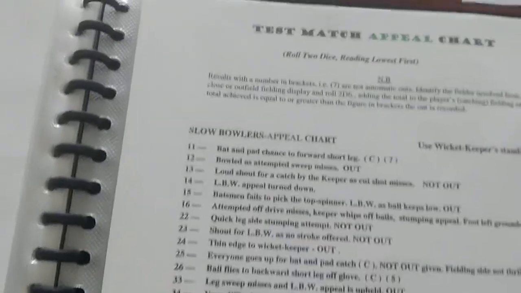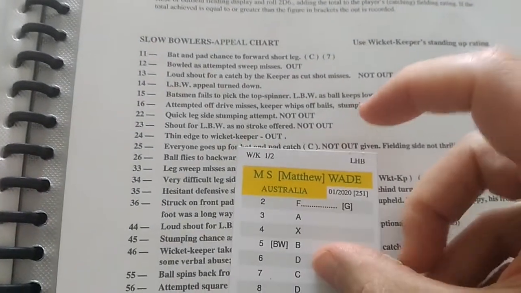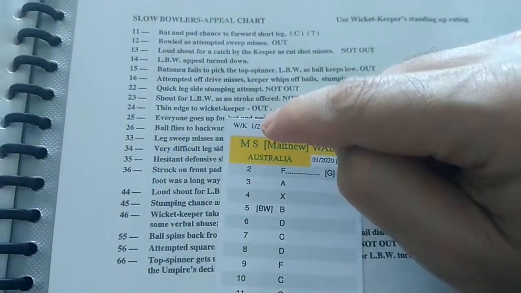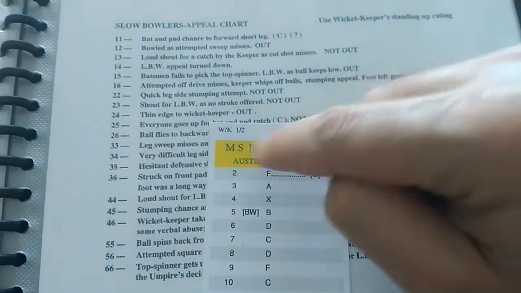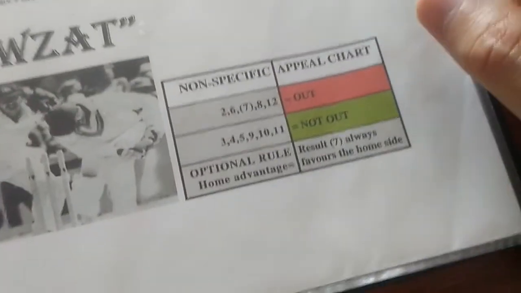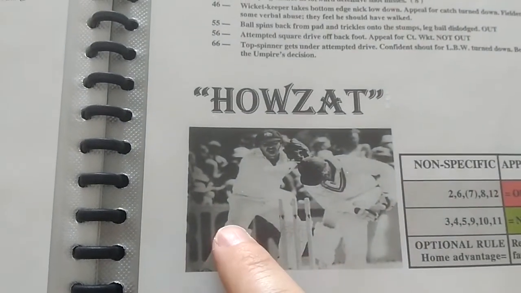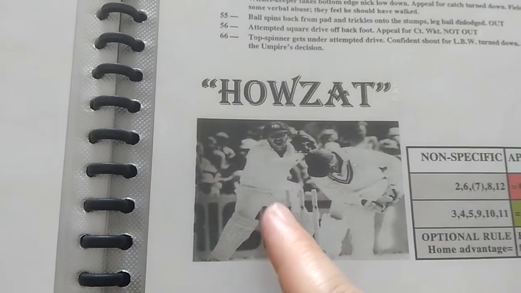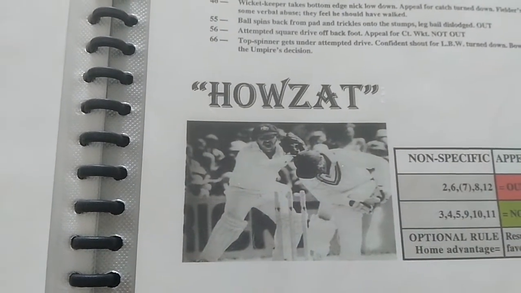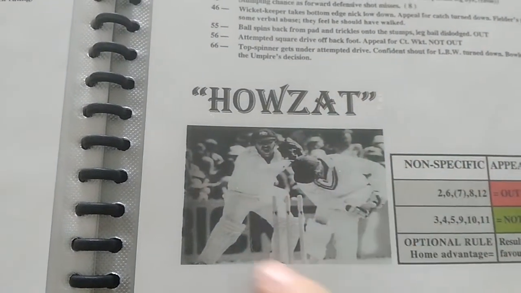At the moment, no, but sometimes you have a stumping chance, which will also refer to the fielding ratings of the wicketkeeper. Basically what a stumping chance is, well, there you go. There's one here too. So you see the wicketkeeper here has got the ball and he's taken the bails off. Well, that's at least what it looks like there.